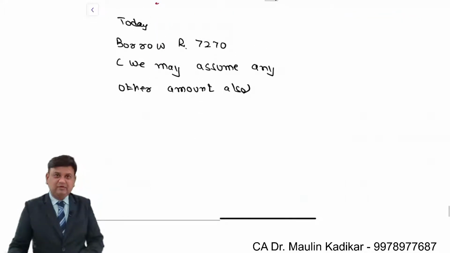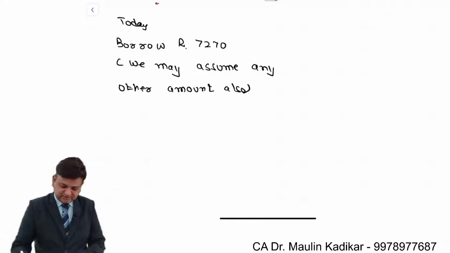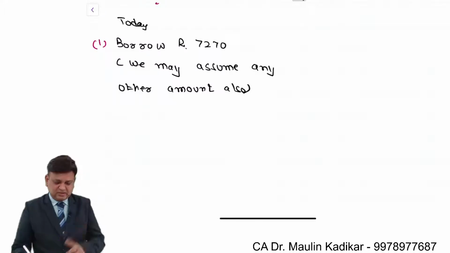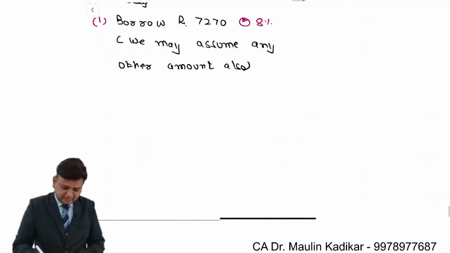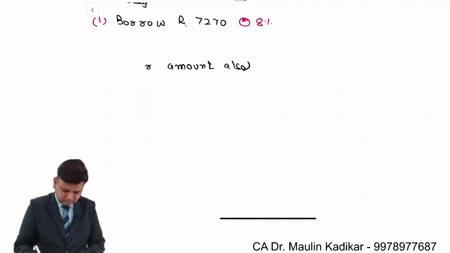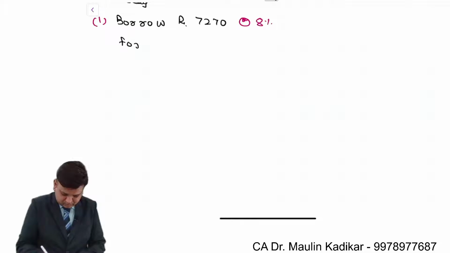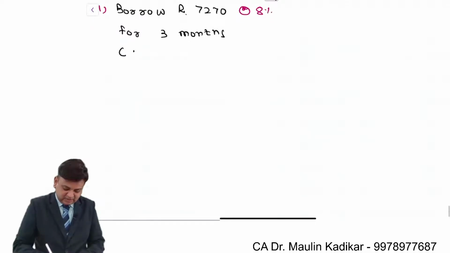So today we will enter into the transaction like this. Students are requested to write down the answer along with me. Borrow rupees 7270 at the rate of 8% for 3 months.